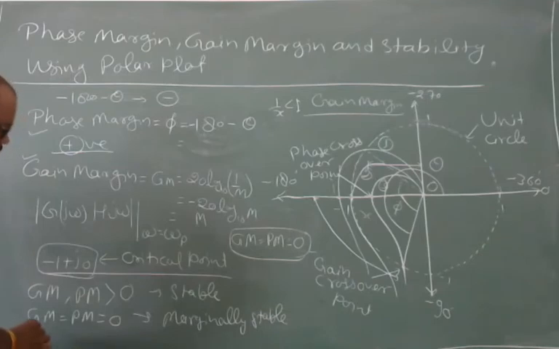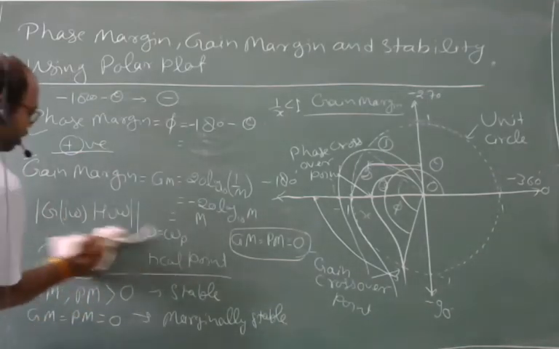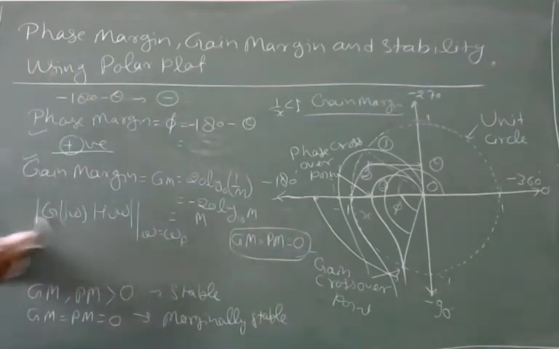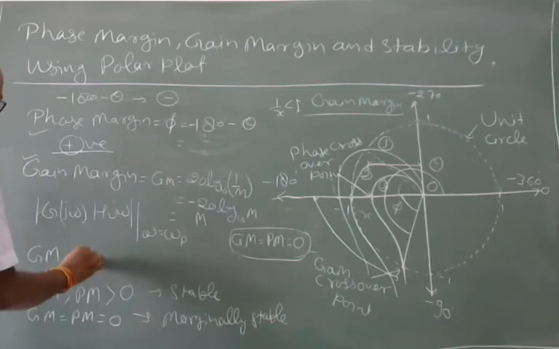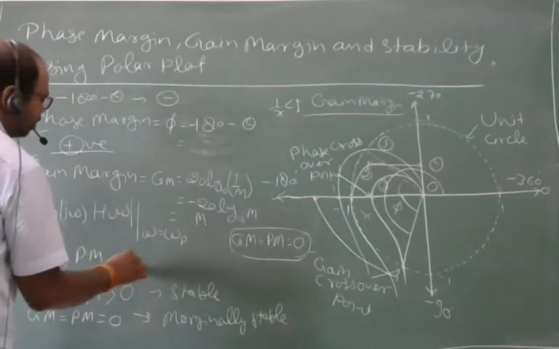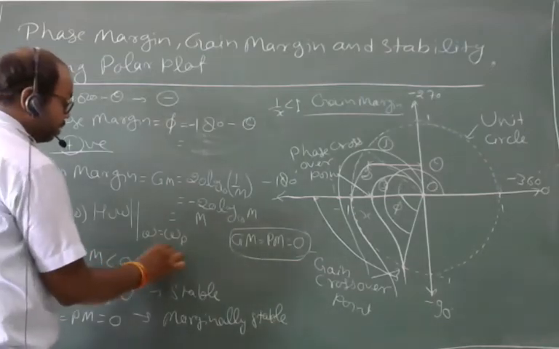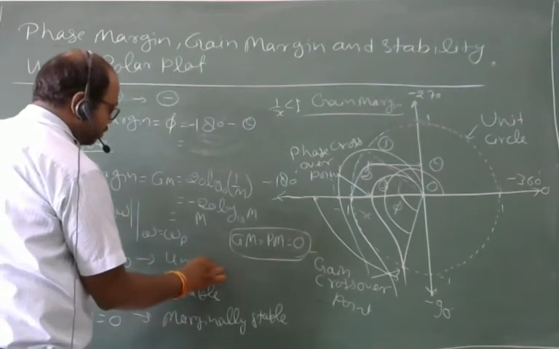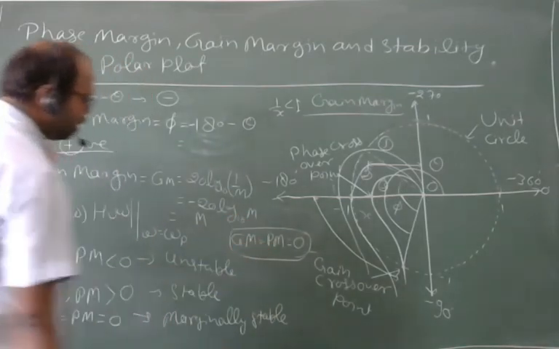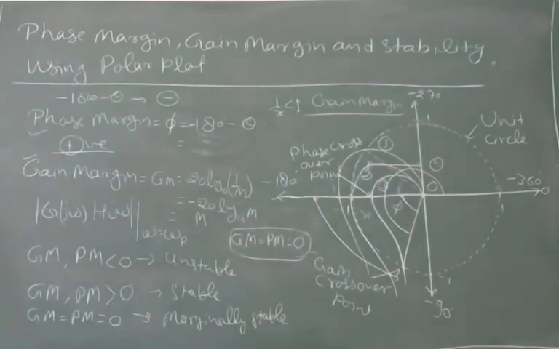So, one more case is here, which is gain margin, phase margin less than 0, system is unstable. So, there are 3 cases.